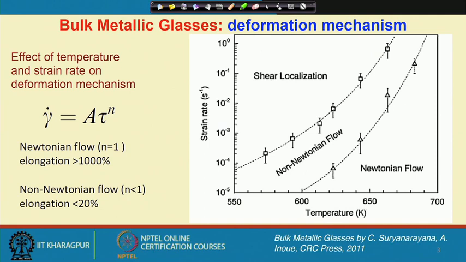And so, if we adopt such an understanding in the case of a glassy solid, then since we talked about shear strain rate, temperature and strain rate, both these external variables must be very important for the mechanism of deformation.